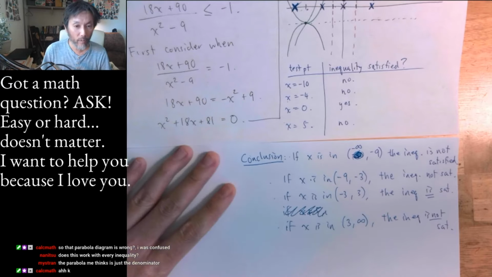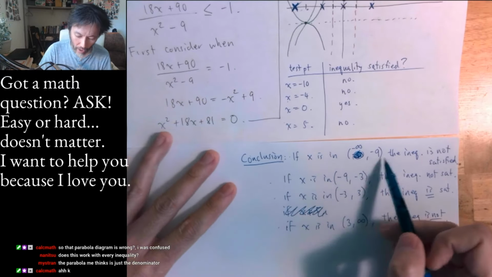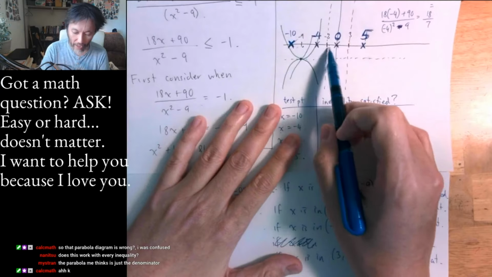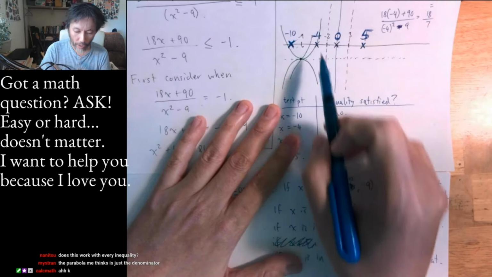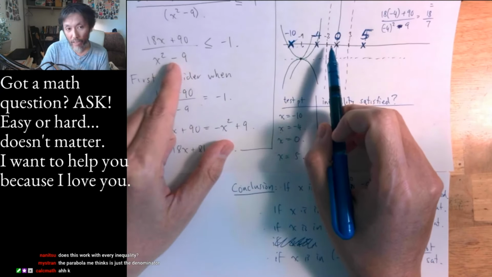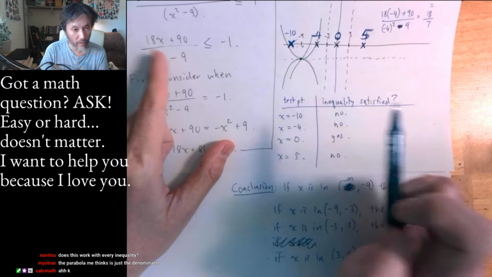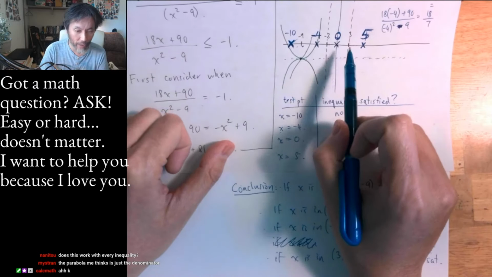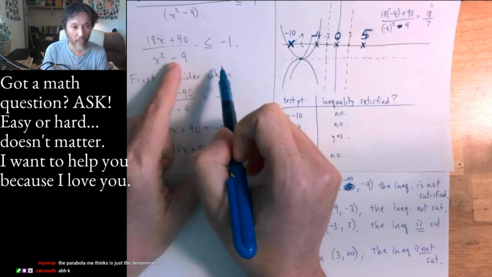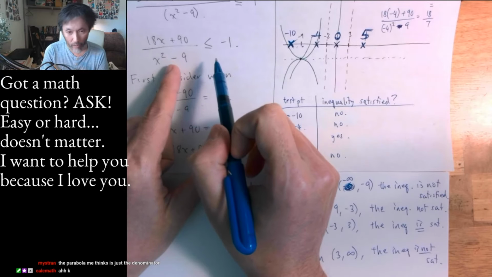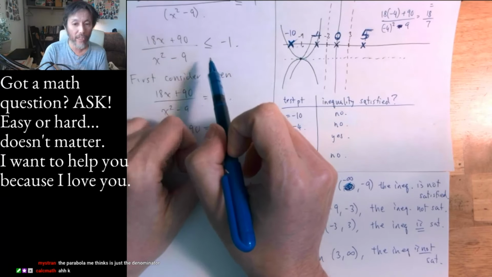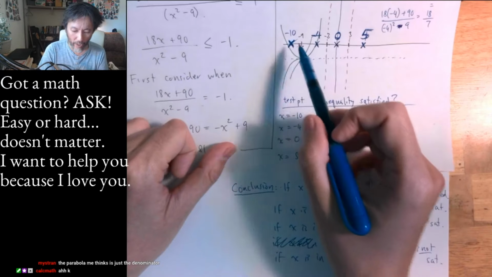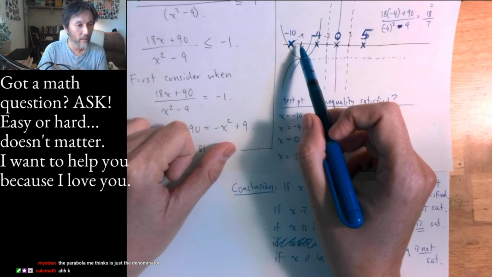Now, there is some question still about what's going on at these points, -9, -3, and 3. This expression is not defined at -3 and 3, so obviously the inequality is not satisfied at x equal to -3 and 3. But there is still a question about what's going on at x equal to -9.